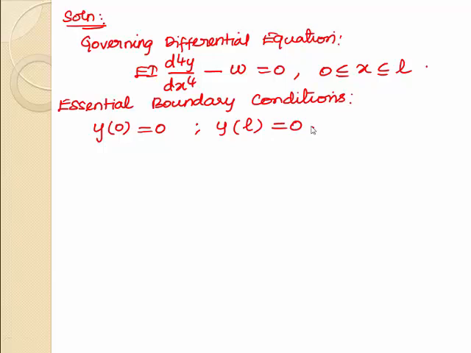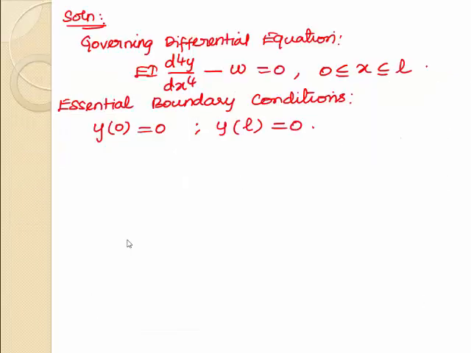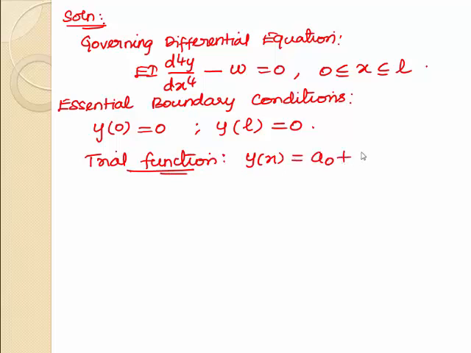Okay. So in the problem it is asked to consider the trial function as a polynomial function. So we can assume a trial function generally as y of x is equal to a0 plus a1x plus a2x square.